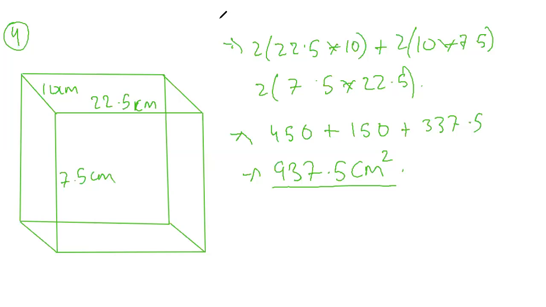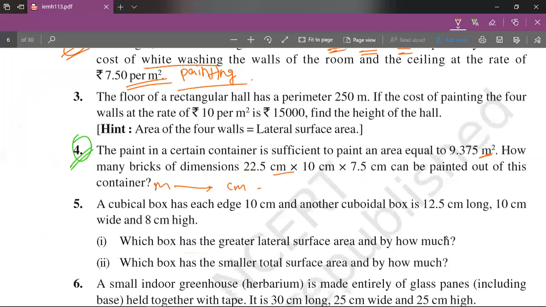Now the final part of the question, it is asking us how many bricks of dimensions this and this and this can be painted out of this container. Our first statement states that the paint in a certain container is sufficient to paint an area equal to 9.375 meters square. So now in this question I'll be converting meter square into centimeter square. So 1 meter is equal to 100 centimeters.